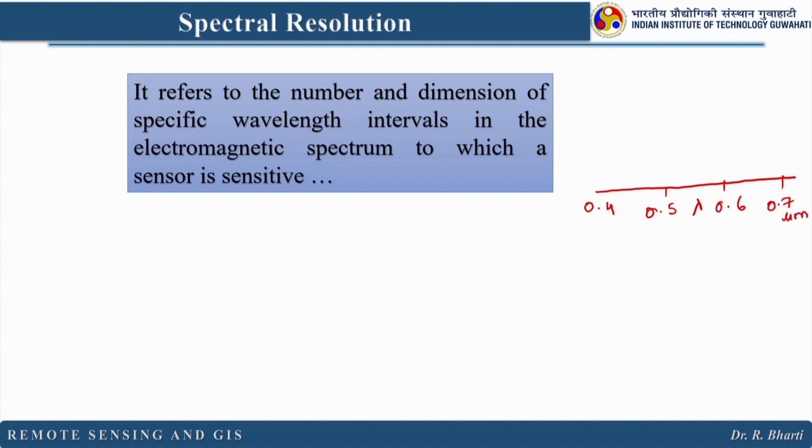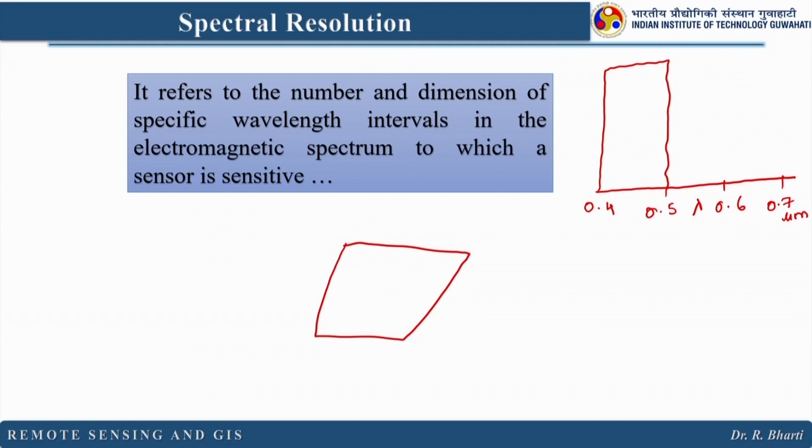Now you have a sensor which can capture only this particular wavelength. For this particular wavelength, what will happen? You will have an image for a given area.